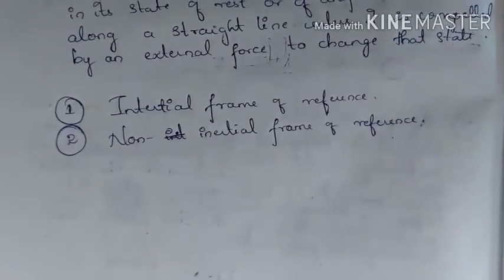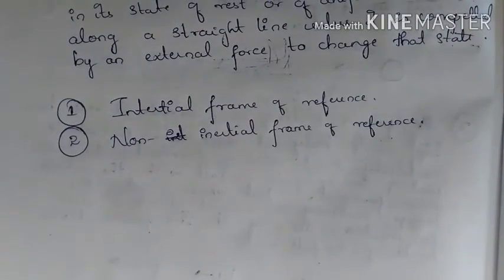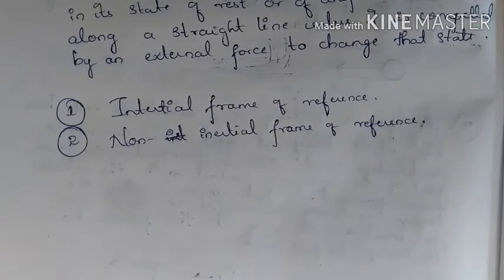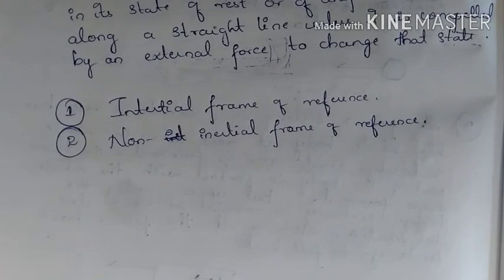So you have basically two different types of frame of reference. A brief introduction to these two frames of reference was given by me in the third chapter, I guess. Now let us try to understand in depth what are the inertial frame of reference and non-inertial frame of reference. A frame in which an observer is situated and makes his observation is his frame of reference.